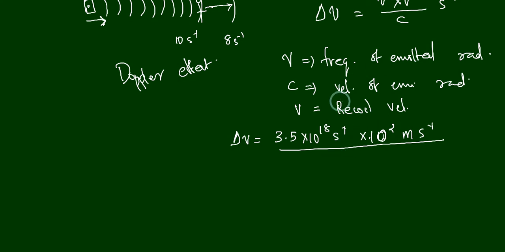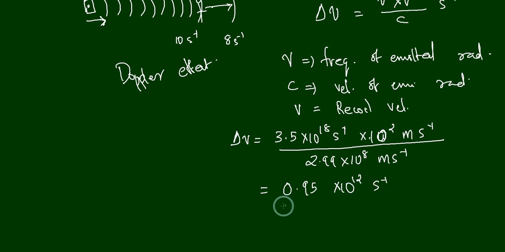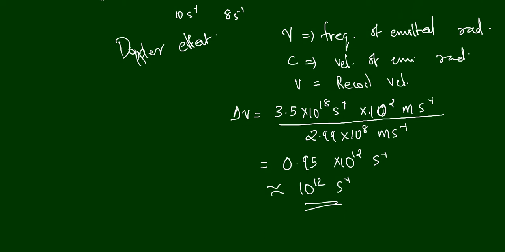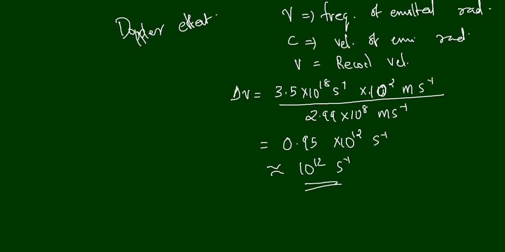That is electromagnetic radiation, which travels with a velocity of 2.99 into 10 raised to 8 meter per second. So from here we can calculate the Doppler shift, and it is almost 0.95 into 10 raised to 12 per second, that is almost equal to 10 raised to 12 per second. So that is the shift in the frequency due to the recoil of the sample nucleus.